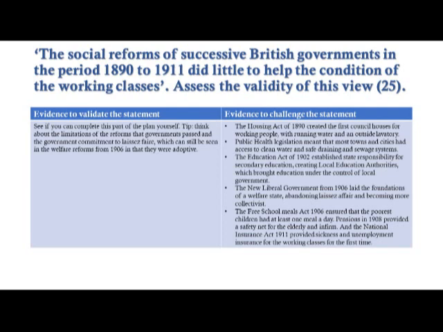So if you were going to challenge that statement, obviously you could argue that the Housing Act passed by Salisbury's Conservative government in 1890 created the first what we'd recognise as council houses for working people. The stipulation, of course, was that those houses must have fresh running water and an outside toilet. Public health innovations meant that most towns and cities now had access to clean water, safe drainage systems, and proper sewage systems to dispose of waste.